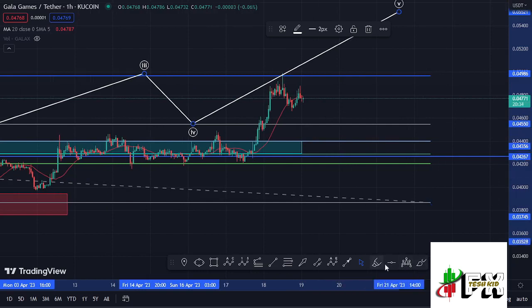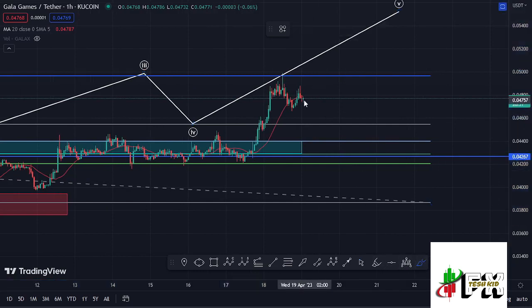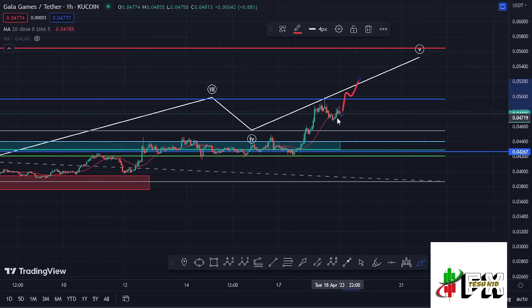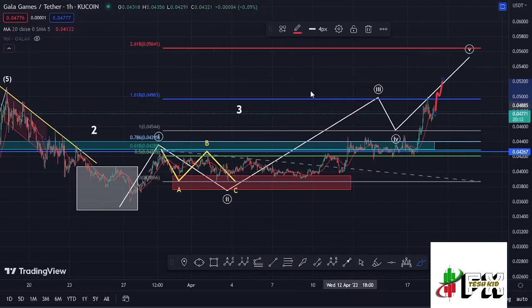And in case such a move plays out and those areas continue acting as support for us to continue gearing up, we might be able to get above the fib level 1.618, which was our minimum target area in that wave 3, get above it and continue gearing up, continue unlocking higher prices, and maybe extend that move to the upside to the next target area on the Fibonacci's, which is the fib level 2.618, and that is at around the $0.05641 mark.